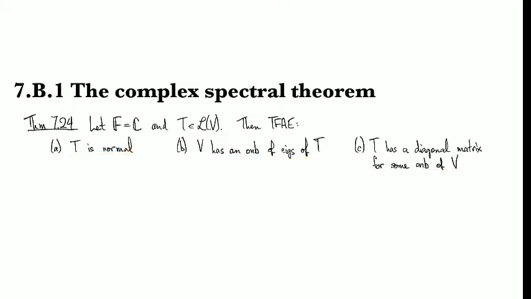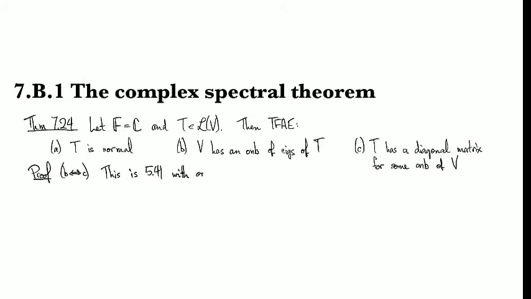Now, the equivalence of these two parts, B and C, that's actually basically already done. This is 5.41, just for an orthonormal basis.